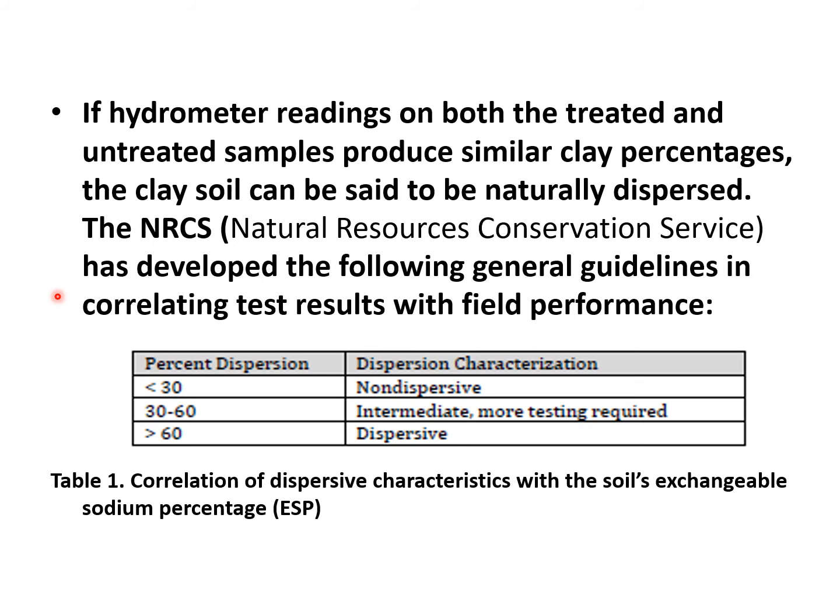So you can see that when you are having the percent dispersion less than 30, it means non-dispersive. 30 to 60, intermediate or more testing required. Greater than 60, dispersive.